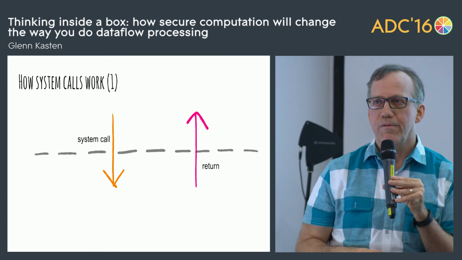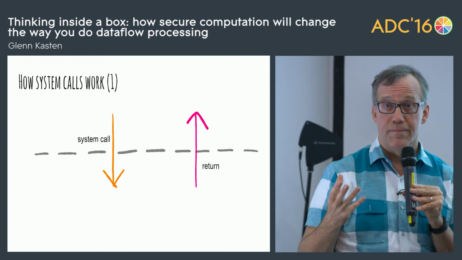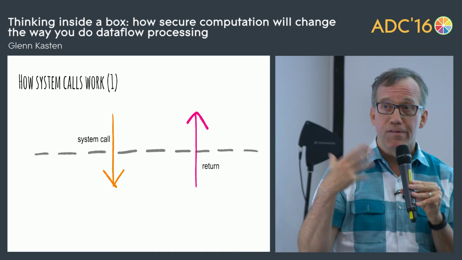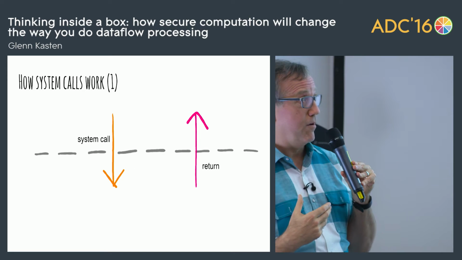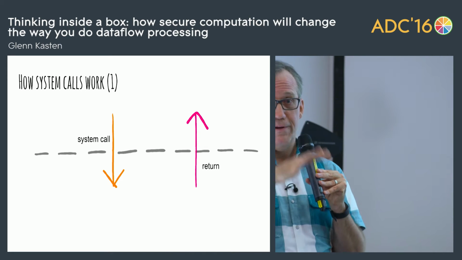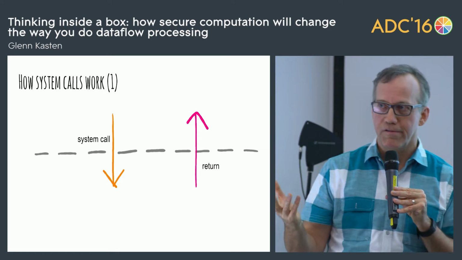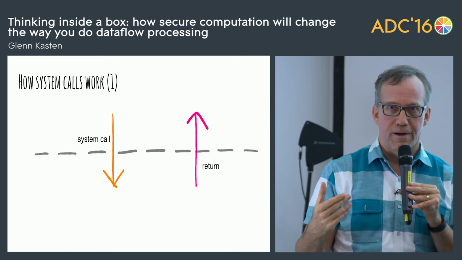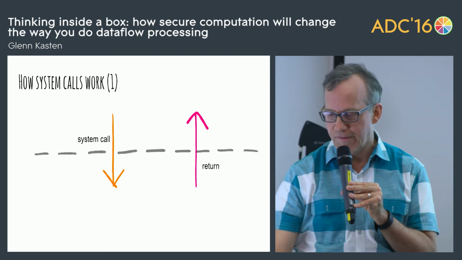And the way you transition between them is primarily via a system call. For example, if you do the open system call or the read system call or write, that results in a transition from user mode into kernel mode, and then when the kernel is done, you go back. There are other transitions possible too, such as interrupts and exceptions, but we're going to skip over those. We're just going to focus on the system calls today.